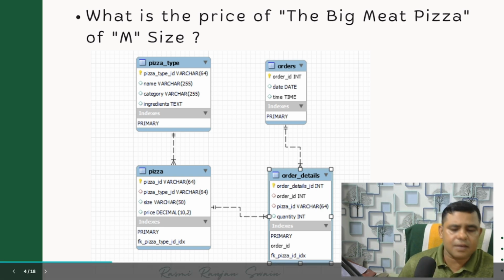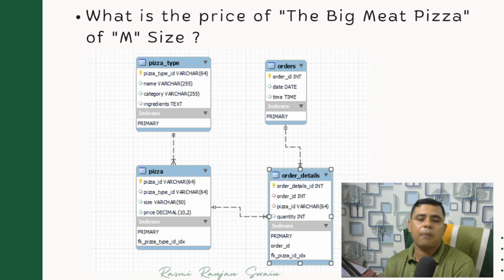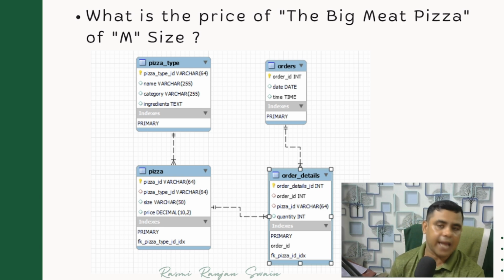Taking a simple example, I want to extract the price of the big meat pizza of M size. In this problem statement, the pizza price and size are stored in my pizza table, and the name is stored in the pizza type table.